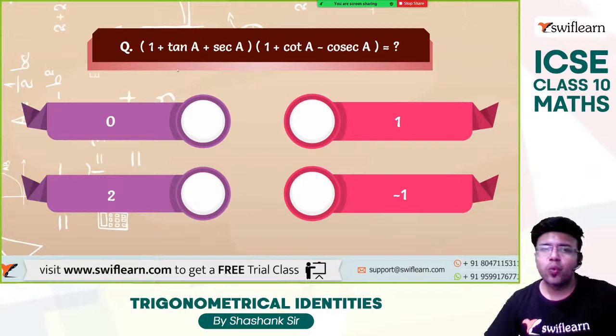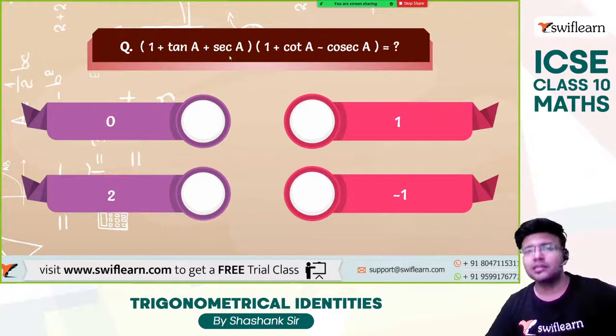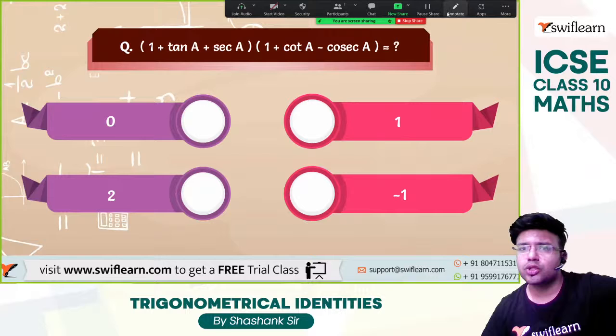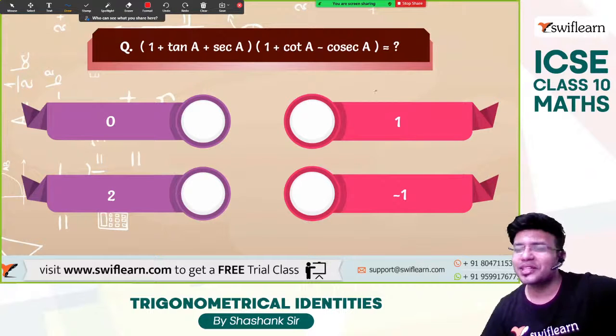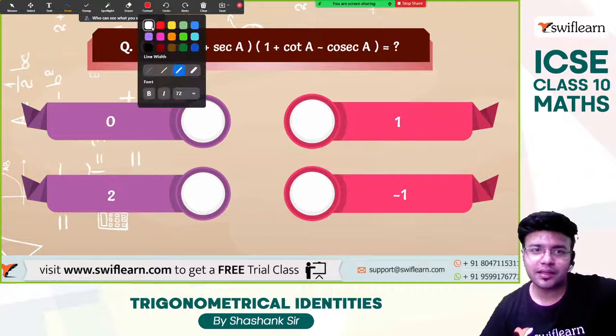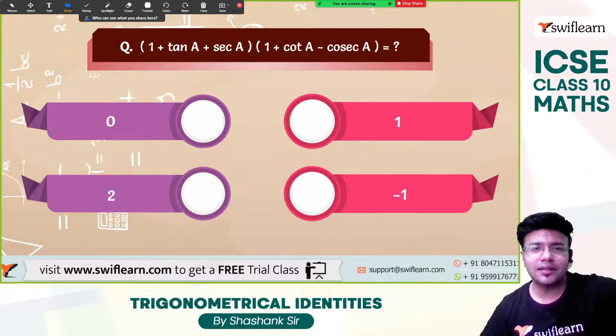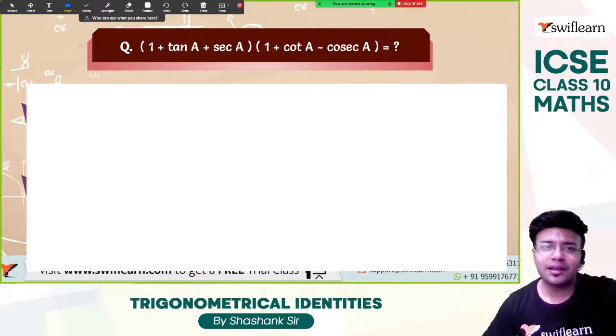So (1 plus tan A plus sec A) into (1 plus cot A minus cosec A). What we can do is substitute any known values and get the answer. Cheating, sir, no, we should not cheat.